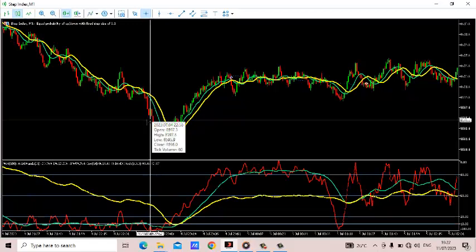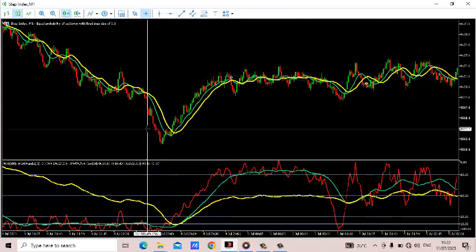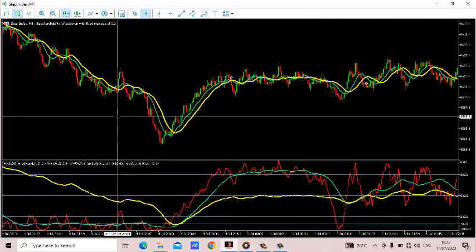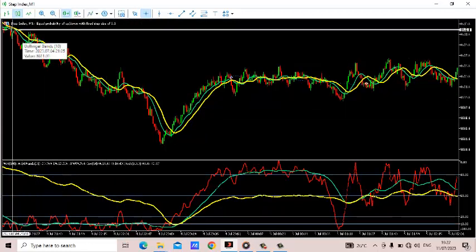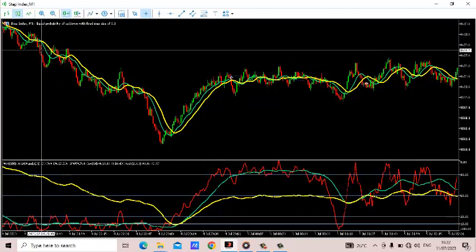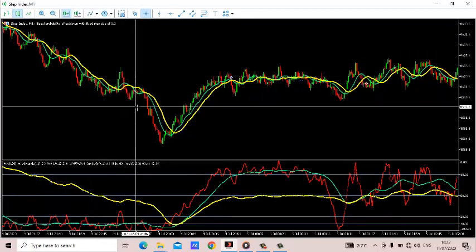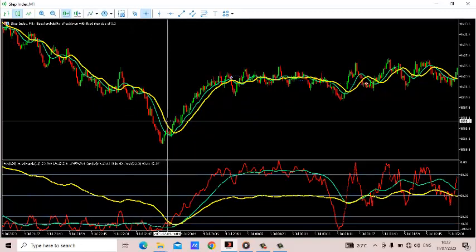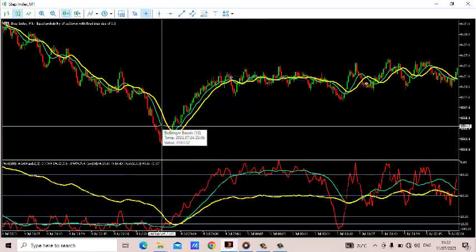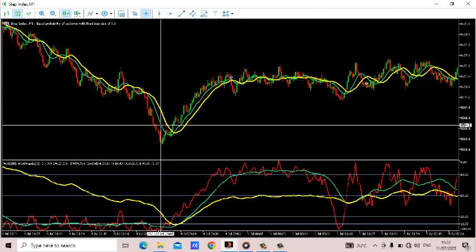So what are we looking out for to enter our trades? If at any point this is what you're looking at on your chart, you can see at this point the market had been selling for some time. Then it gets to this point and you notice there is a crossover on your main window. You have a yellow line and a green line.